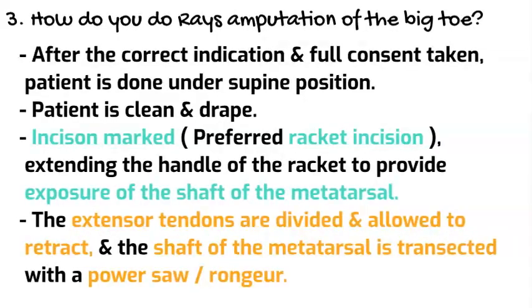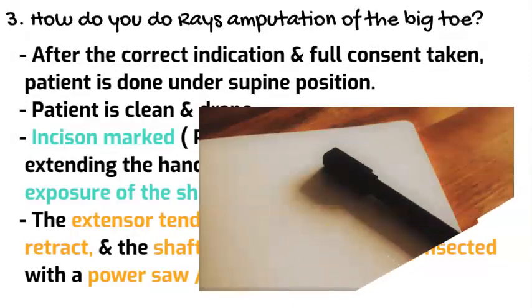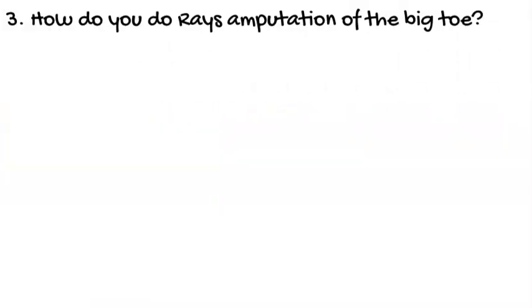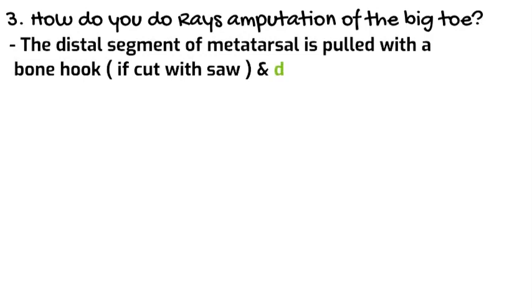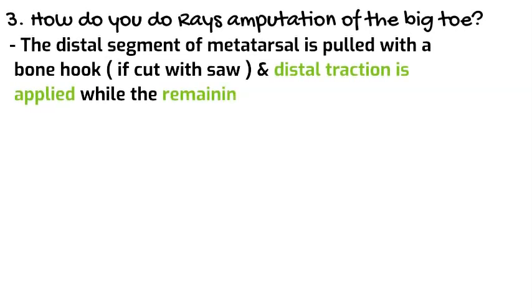The extensor tendon is then divided and allowed to retract, and the shaft of the metatarsal is transected with a power saw or a rongeur. Then the distal segment of the metatarsal is pulled with a bone hook if cut with a saw, and distal traction is applied while the remaining plantar soft tissue attachments are divided.